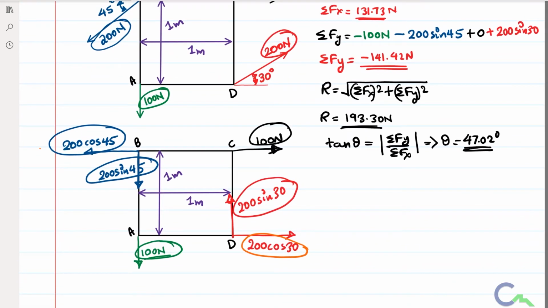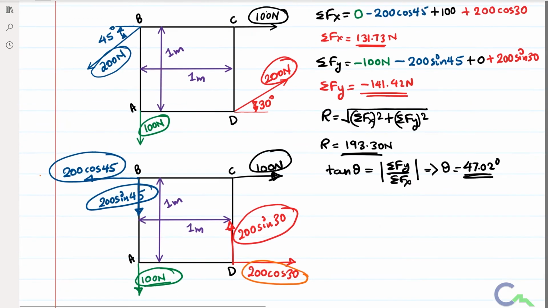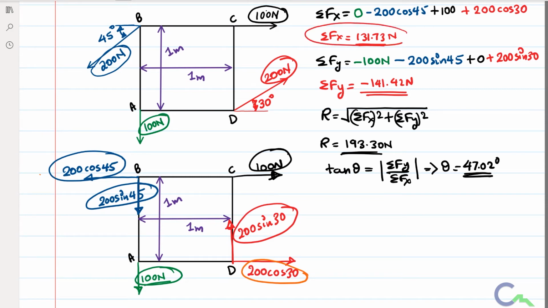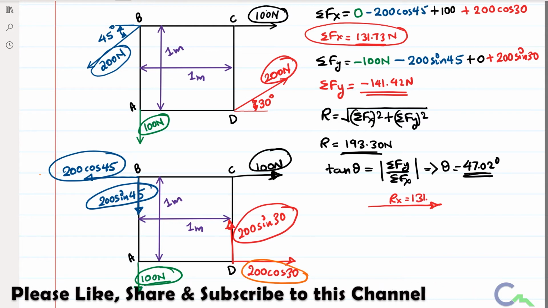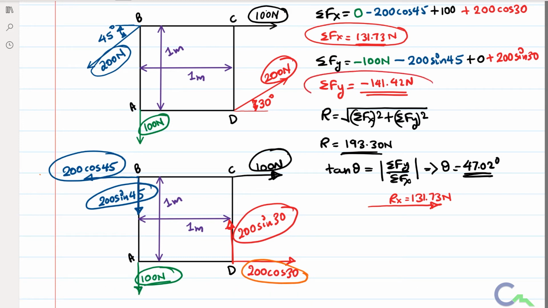Now I want to locate this resultant. I want to find the coordinate of this resultant. The horizontal component of the resultant, that is summation of all the horizontal forces, we got positive value, therefore it is moving in rightward direction. So Rx is equal to 131.73 Newton. Then we got summation of vertical forces, negative value, it is acting downward, therefore Ry is equal to minus 141.42 Newton.